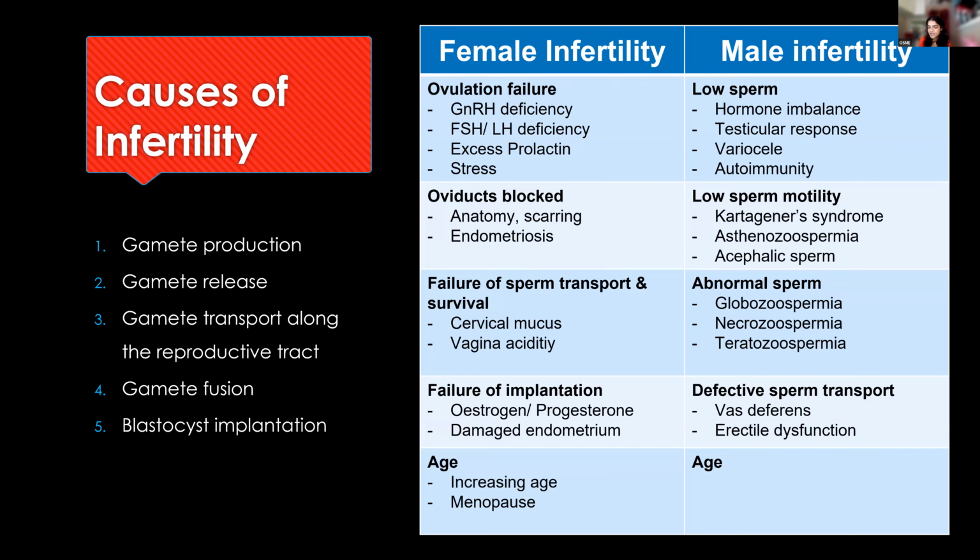Moving on to failure of implantation. If there's low progesterone and low estrogen, which are responsible for thickening the uterine lining for implantation, then there may be inadequate growth and preparation of the endometrium, so it's actually unreceptive to the blastocyst.